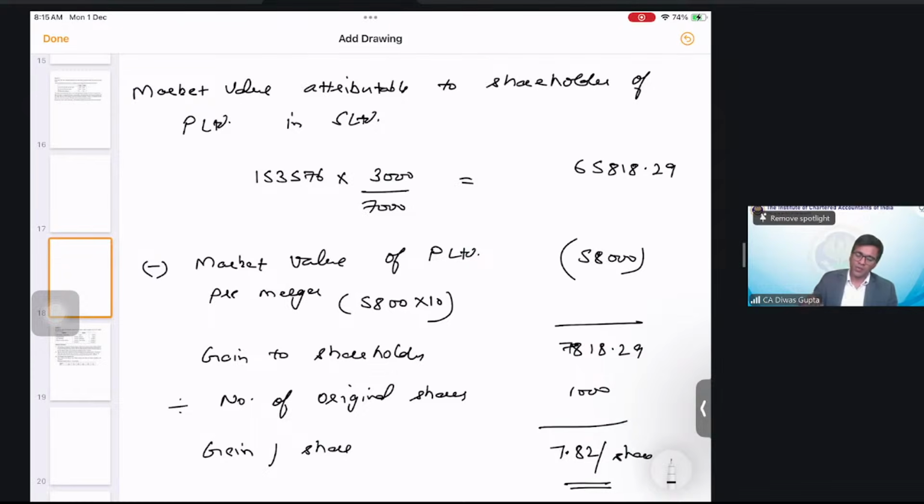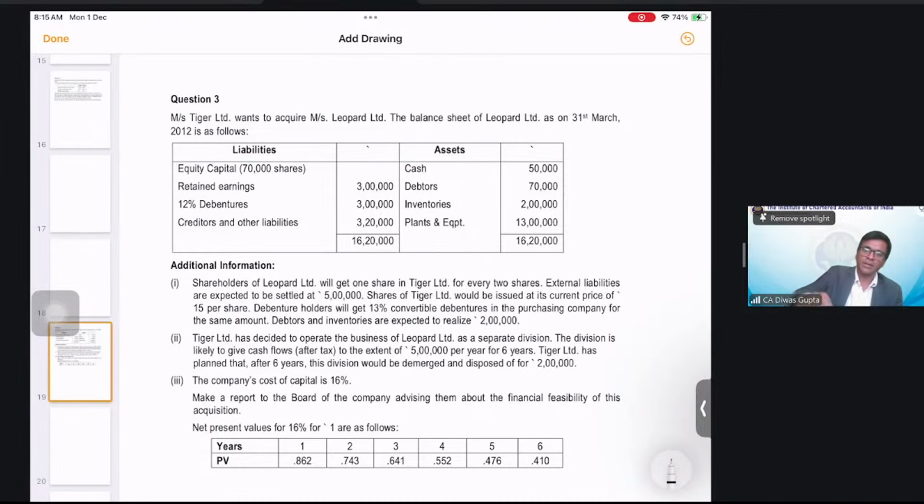So let's move ahead, students, to question number 3. Messrs.